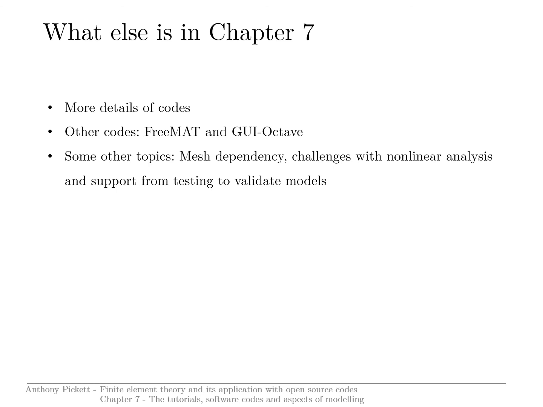There are also some topics I discuss in a bit more detail: mesh dependency, and in particular challenges with nonlinear analysis, things you have to check when doing nonlinear analyses, and some more details on how to validate the model results compared to test results.